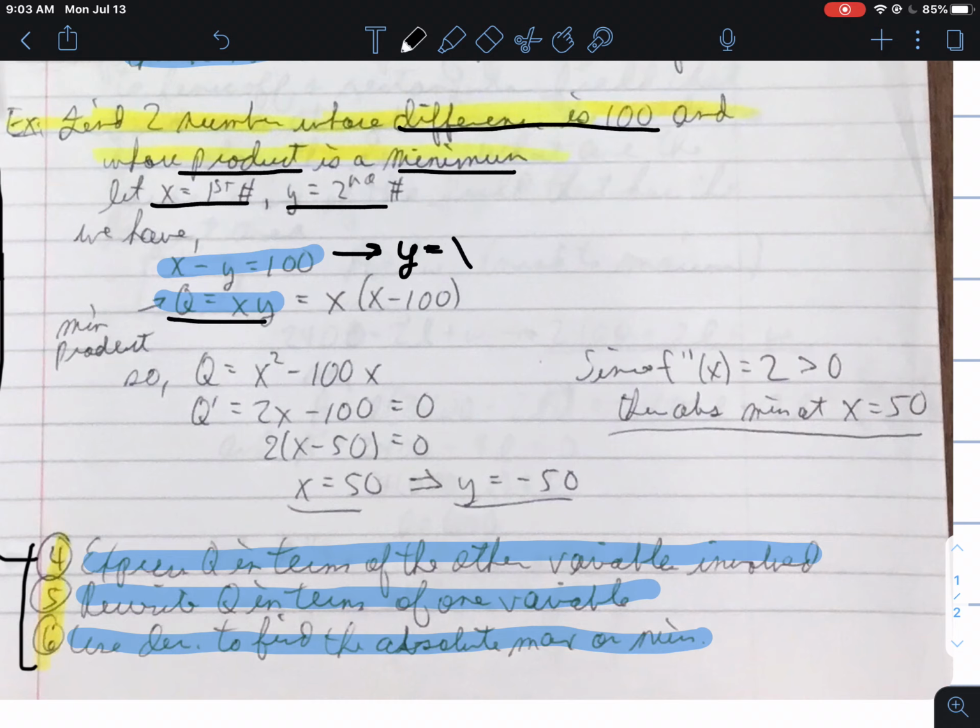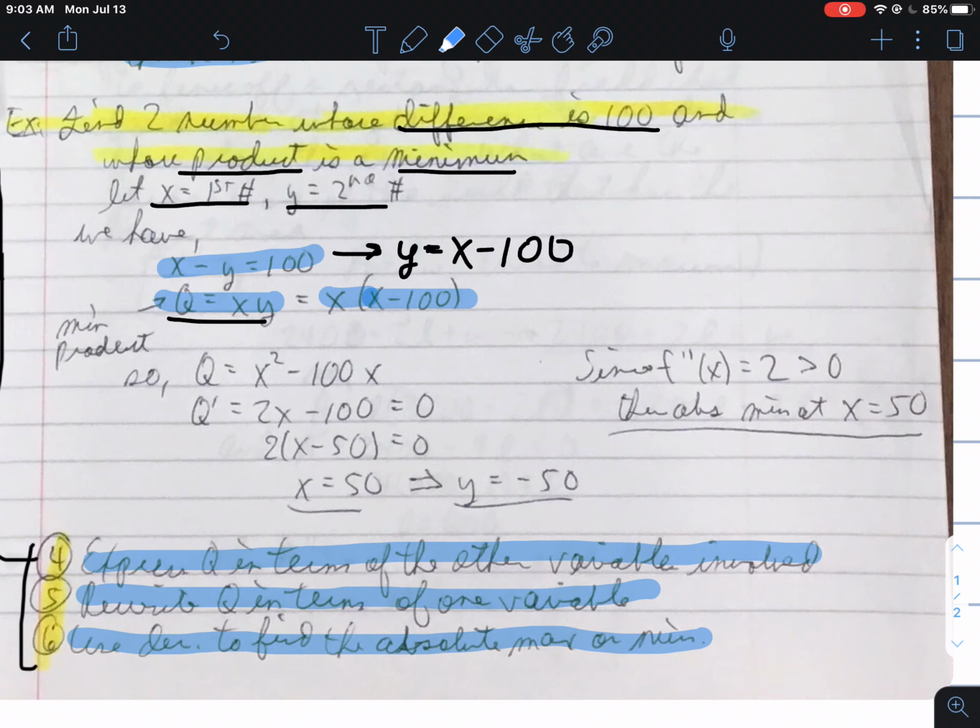But again, you could just as easily solve that for x. It doesn't matter which one, I just need to sub out one of those variables in my product formula. So I have y equals x minus 100, so I went ahead and subbed in place of y, x minus 100. And so x times y is now x times x minus 100. So that's getting our quantity written in terms of a single variable.